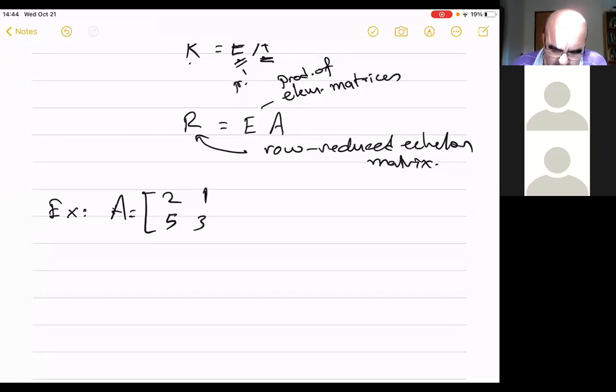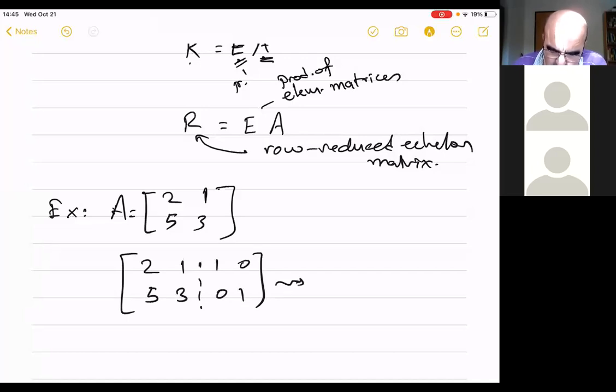Okay, let's look at this matrix, 2, 1, 5, 3. When you write the identity matrix next to it, let's divide the first row by 2. What do we get? 1, 1 over 2, and 1 over 2, 0, 5, 3.